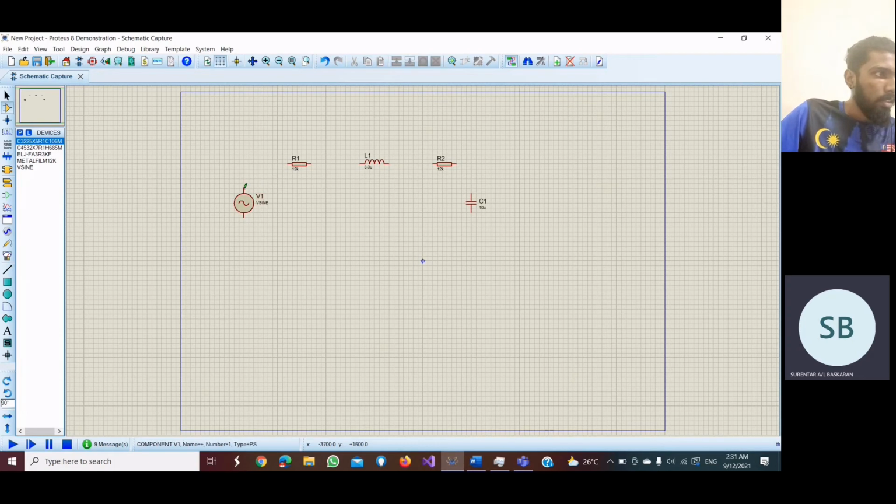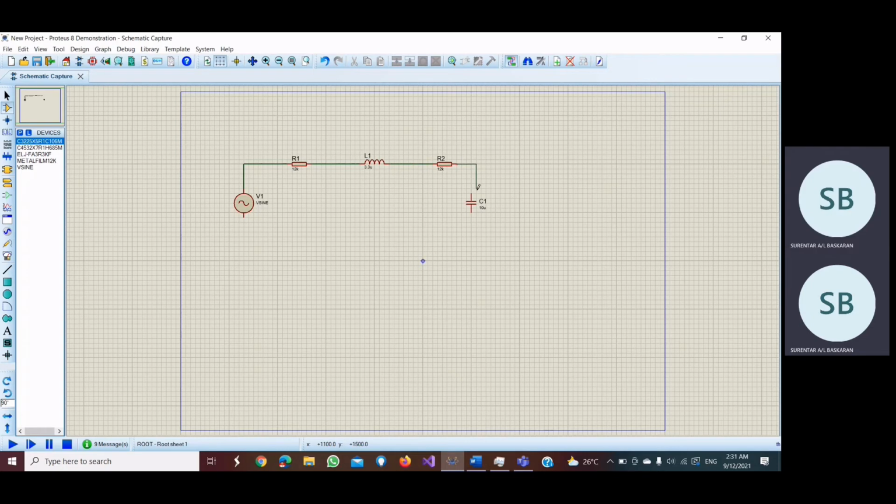Then we connect the circuit using wires, something like this.